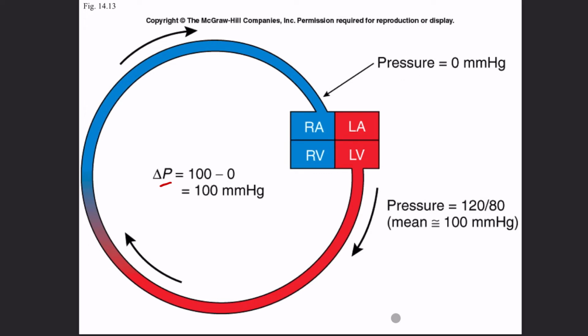And so here at the beginning of our arterial system, it's about 100 millimeters mercury. And at the end, right at the vena cava, it's 0 millimeters mercury. And so our delta P here is 100 millimeters mercury. And this is what allows for the blood to be pushed through our arterial system, our capillary system, our venous system of the systemic circulation.